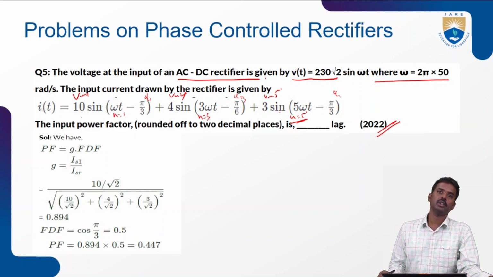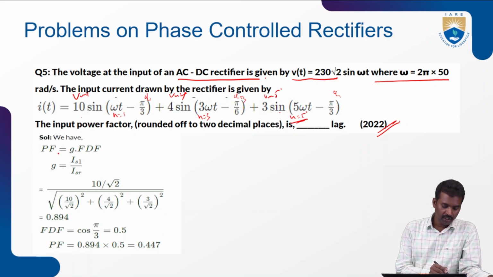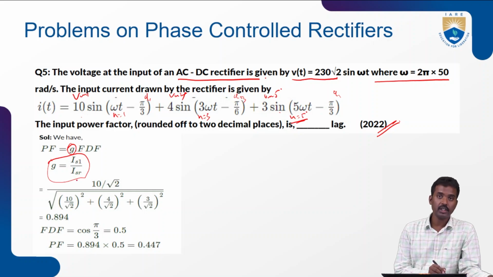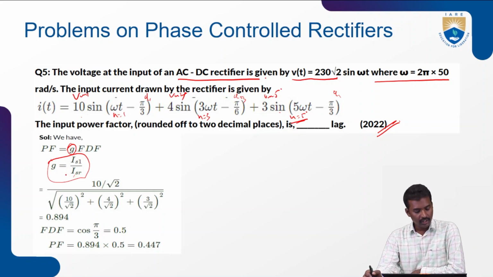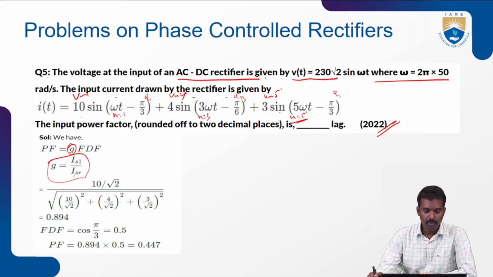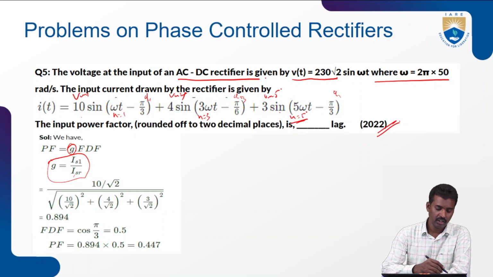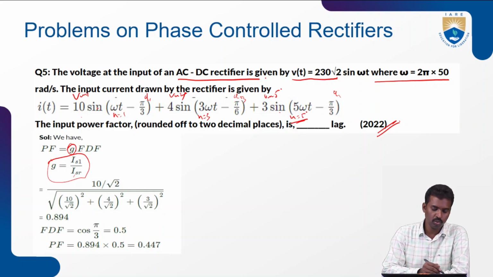What is the formula? Power factor equals G into the fundamental displacement factor. G equals the fundamental component current divided by the total RMS current. Now how do we calculate the RMS value for the entire equation? Each is the maximum value by root 2.